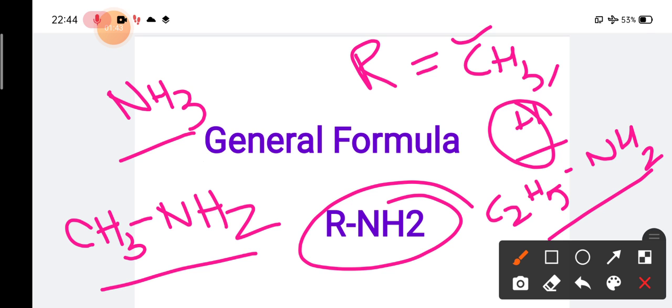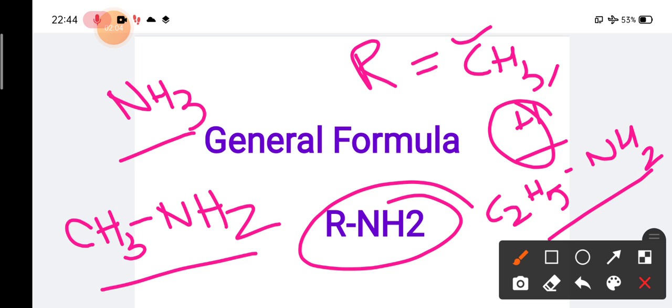So the general formula of the amine is RNH2, where R can be CH3, C2H5 or any alkyl group as well as hydrogen. Please remember that the most general derivative of nitrogen is amine.